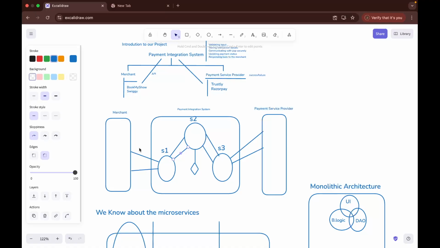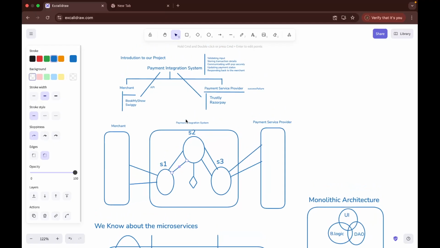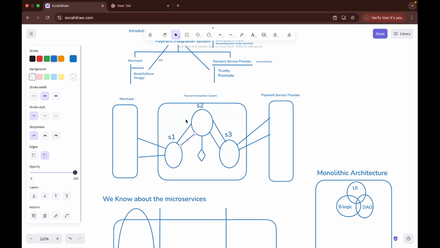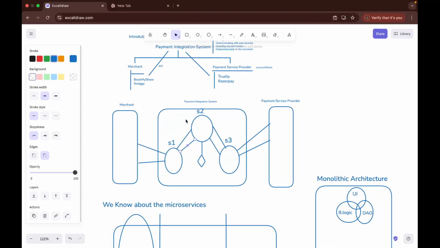API is nothing but communication from one application to another application. Today I discussed all about this topic. Okay, thank you.